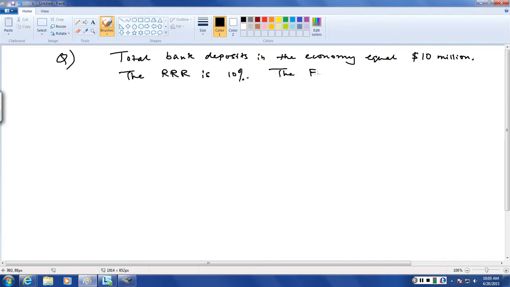The Fed buys bonds worth $1 million from the public.